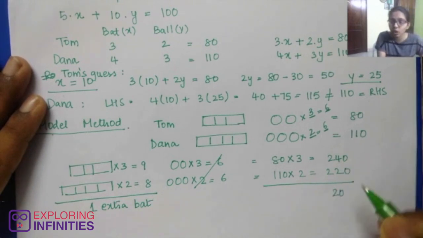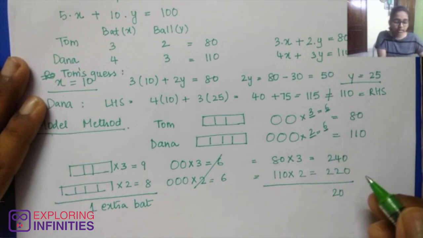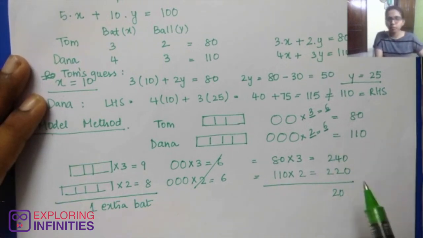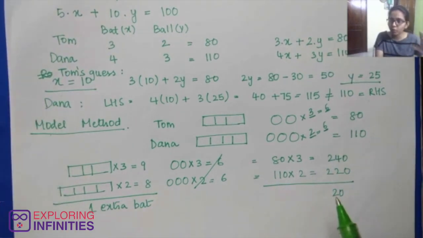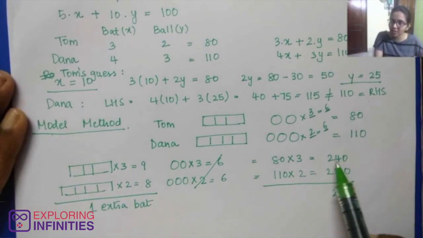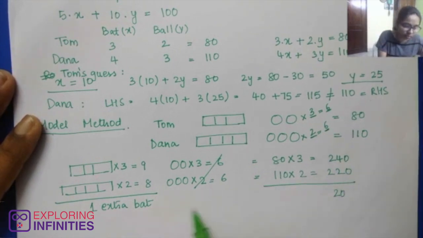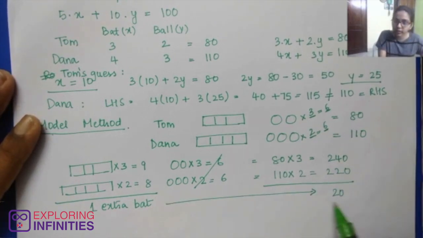Why? Because Tom is paying 20 rupees more than what Dana is paying. In this equation, they have both bought the same number of balls, but there's one extra bat with Tom. So that extra amount Tom is paying is the cost of the one bat that he has bought more than Dana. So it means that one extra bat is costing him 20 rupees.